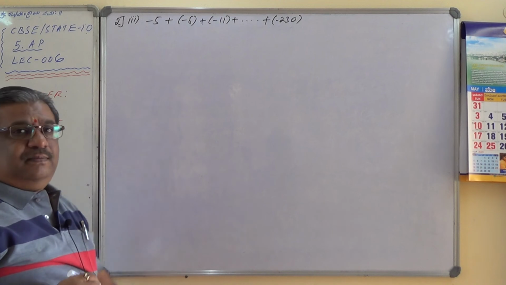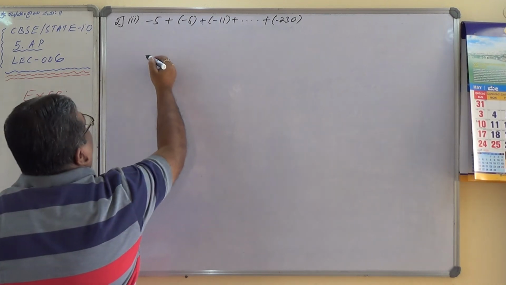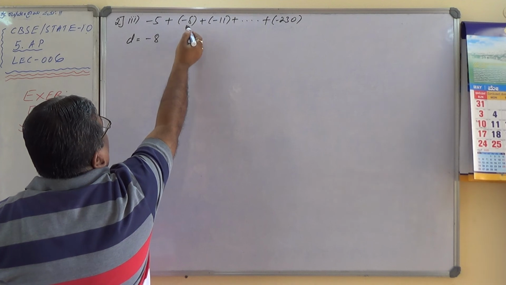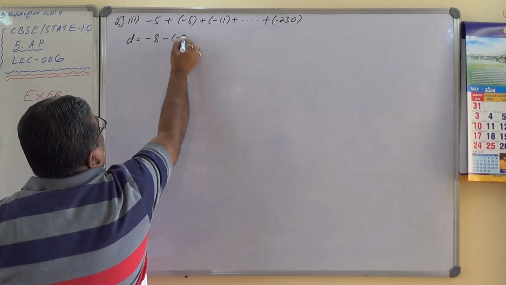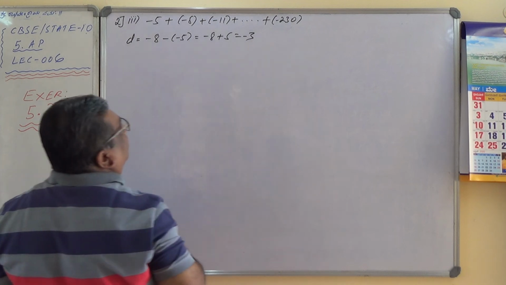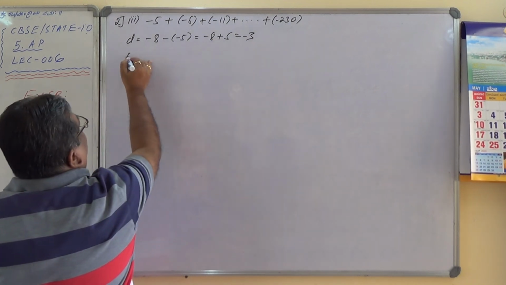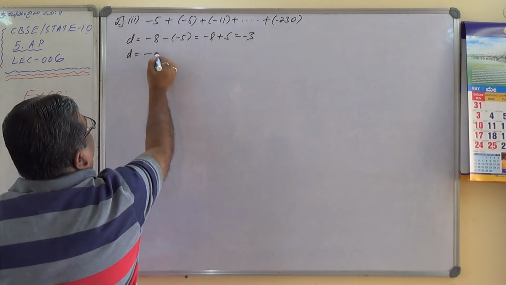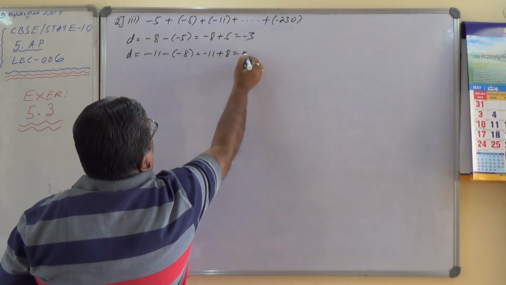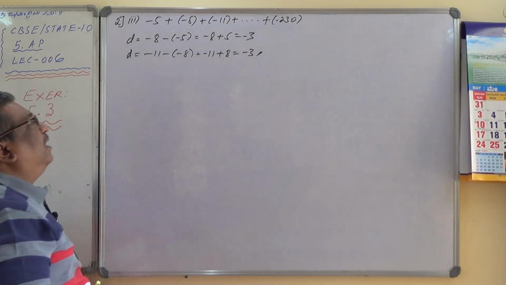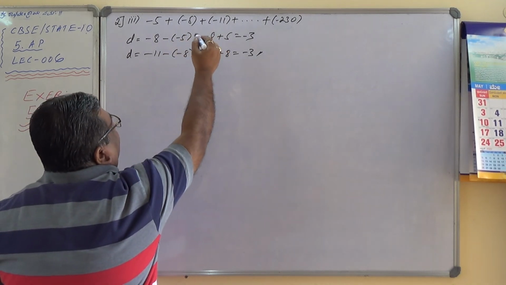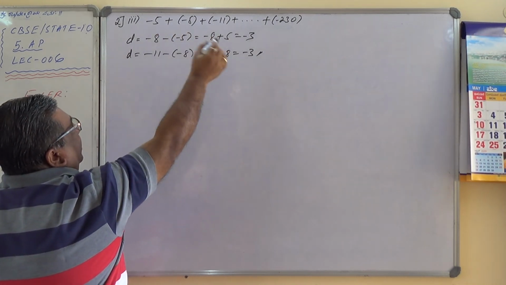Is it in AP? Let me check it. Here D equals minus 8, this term minus this term, minus 8 minus of minus 5, which is minus 3. Let me check one more D, minus 11 minus of minus 8, minus 3. And therefore, as the common difference is constant, the given series is in AP.